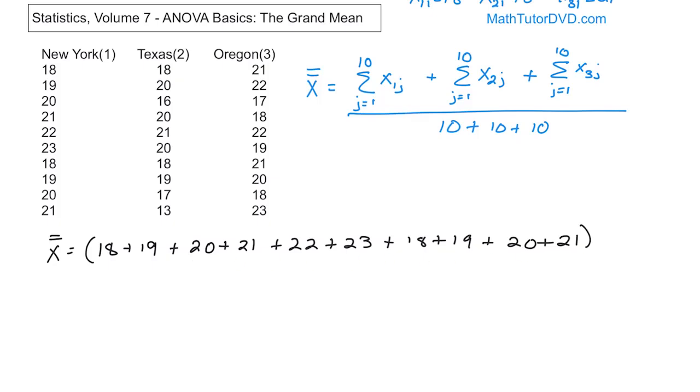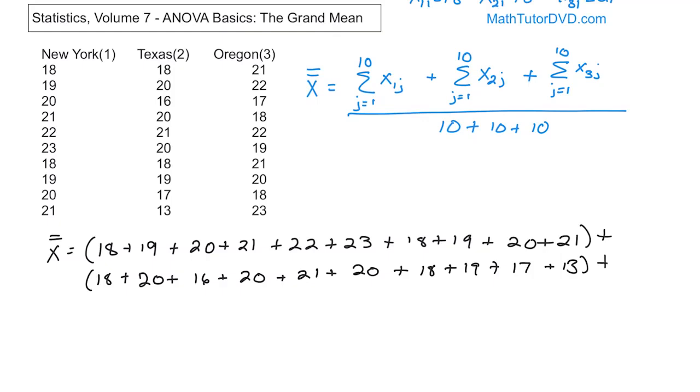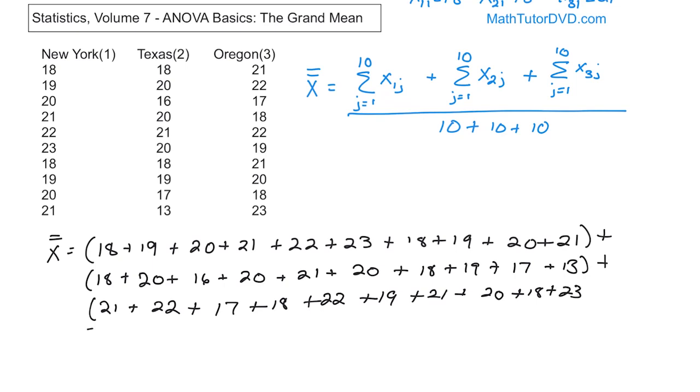It's just adding up all of those elements, but to that, I have a second summation right after it, which is 18 plus 19, plus 20, plus 16, plus 20, plus 21, plus 20, plus 18, plus 19, plus 17, plus 13. Okay, and then I add to that from the last part, 21, plus 22, plus 17, plus 18, plus 22, plus 19, plus 21, plus 20, plus 18, plus 23. So I add all that stuff up, and I divide by 30.